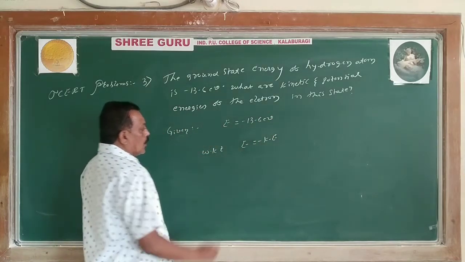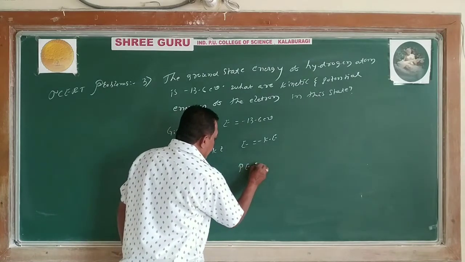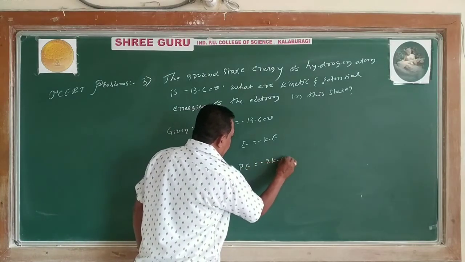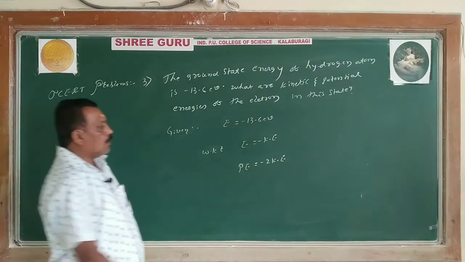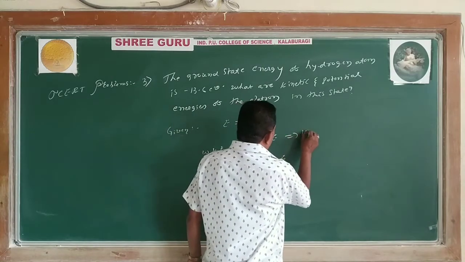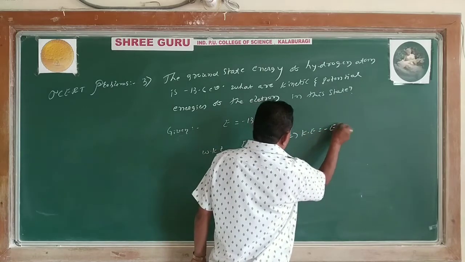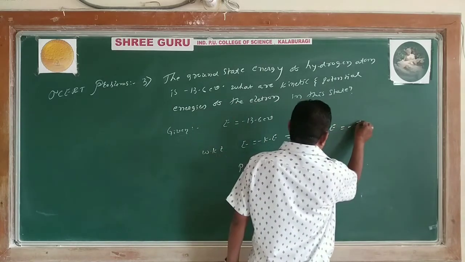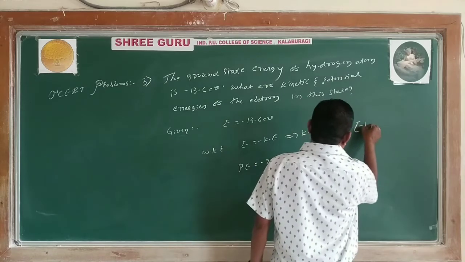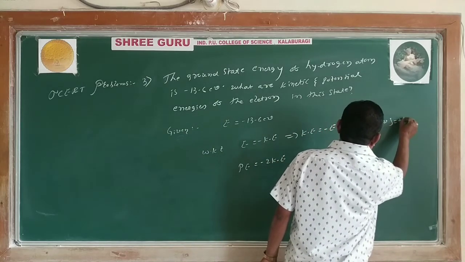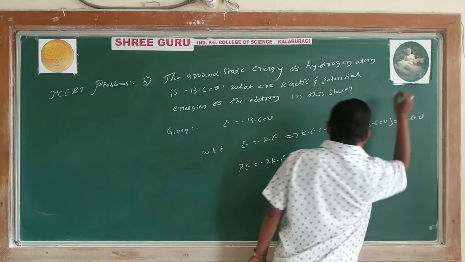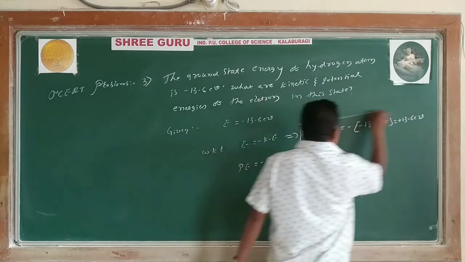Potential energy is equal to minus 2 times the kinetic energy. Which implies kinetic energy equals minus E. What is E? Minus 13.6 electron volt. So kinetic energy is plus 13.6 electron volt. This is your answer first.